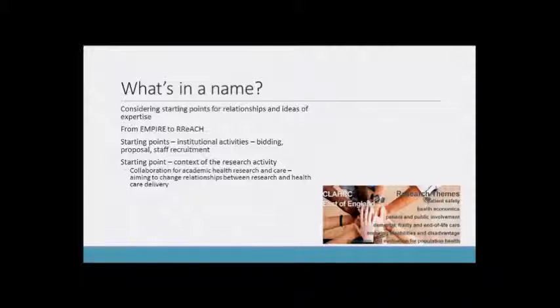In a sense, this indicates one of our starting points, where we were fitting in with institutional requirements, activities and structures around formal processes like bidding for money and putting together proposals. And then when we were successful in getting some funding, our next key activity was to recruit some staff to join us on the project to help us carry this out in a timely way.